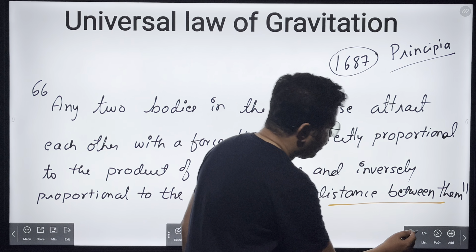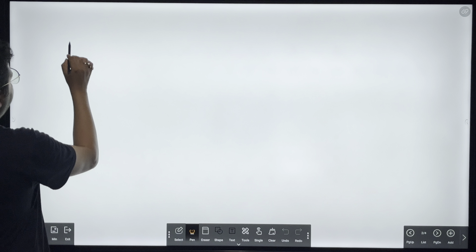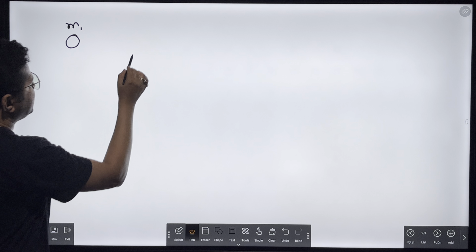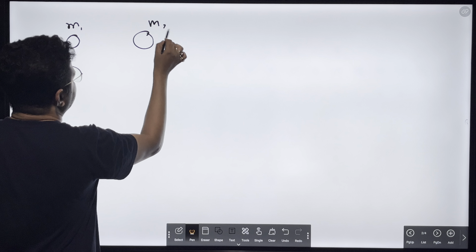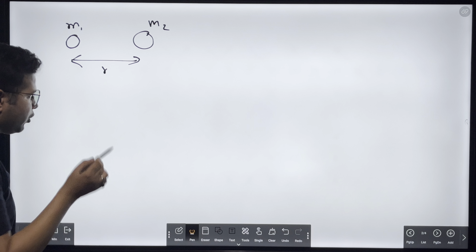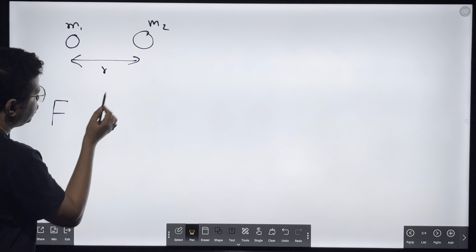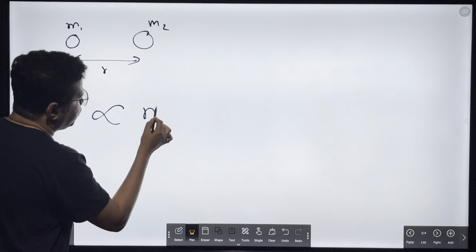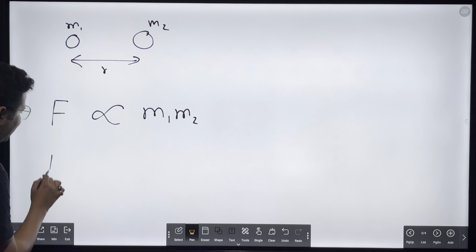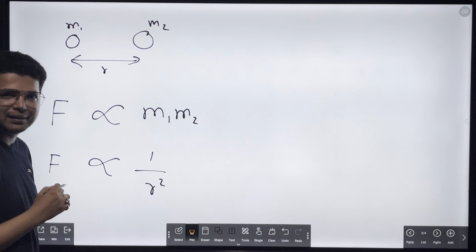We'll try to understand this universal law. Say there is a body of mass m1, and another body of mass m2. Say the distance between the two bodies is r. According to the universal law of gravitation, the gravitational force between the two is directly proportional to the product of their masses, and also inversely proportional to the square of the distance between them.